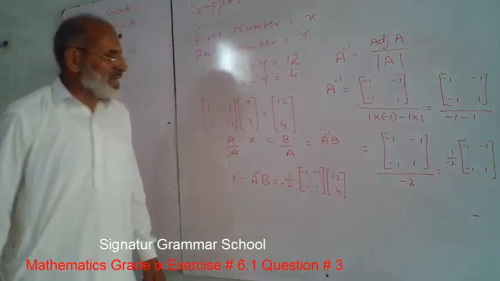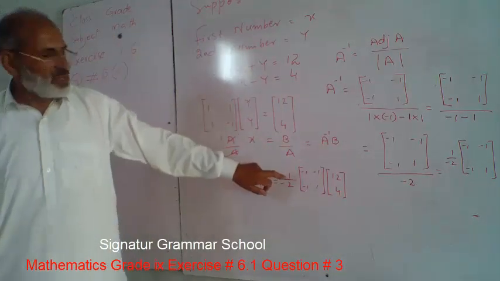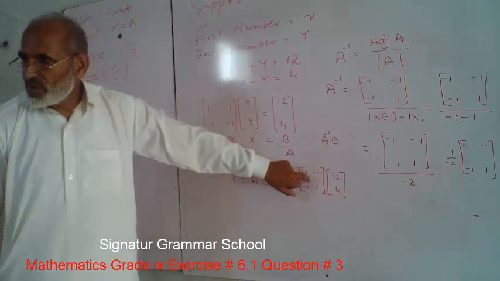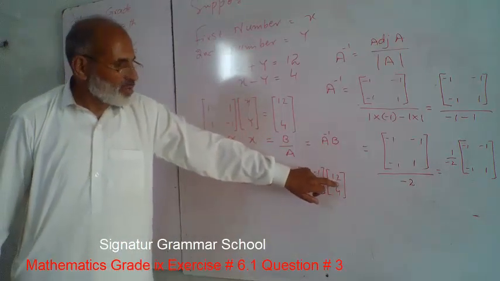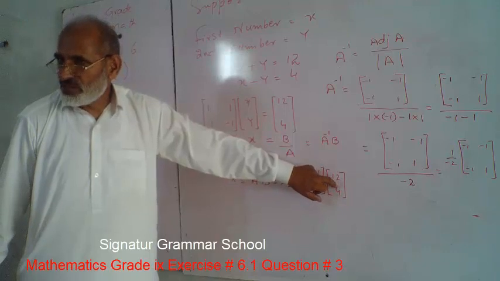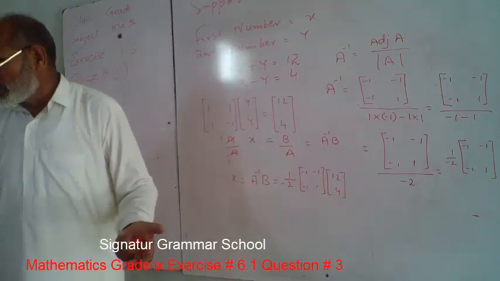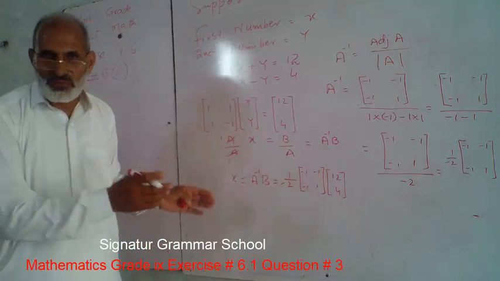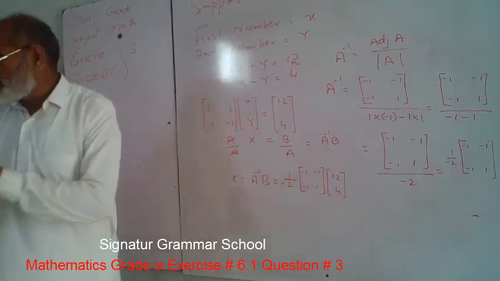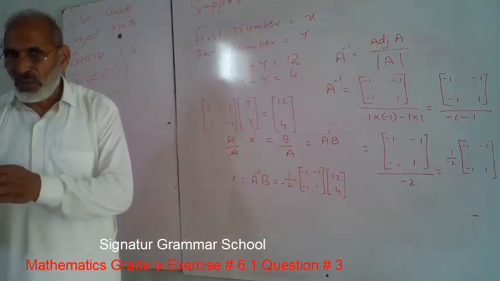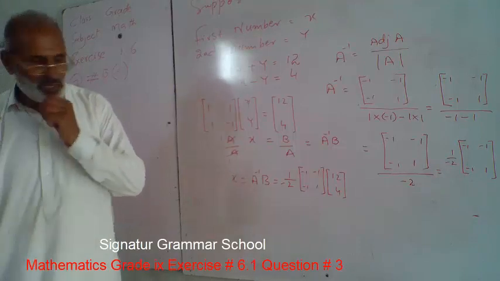Now, how many columns are there in this matrix? And how many rows are there in the second matrix? Therefore, they both can be multiplied. When the number of columns of the first and the number of rows of the second are the same, they can be multiplied with each other.